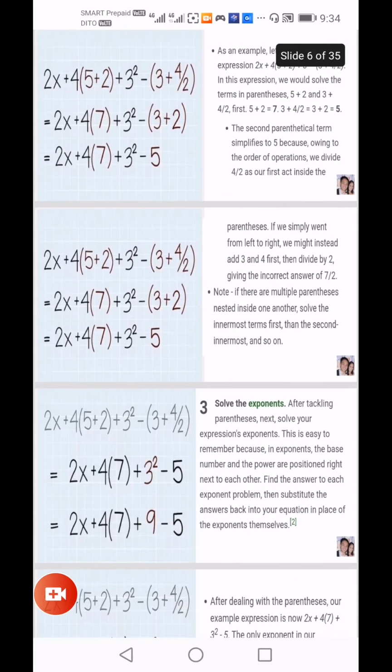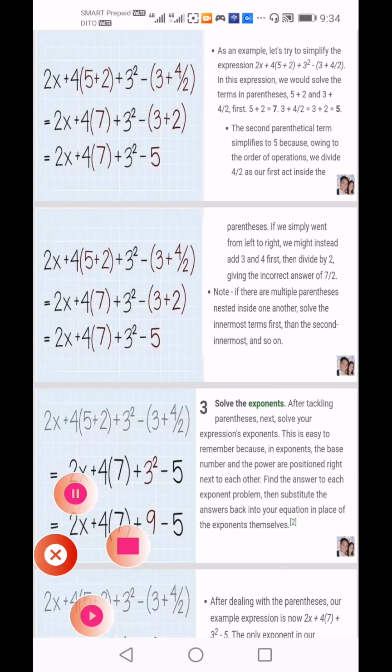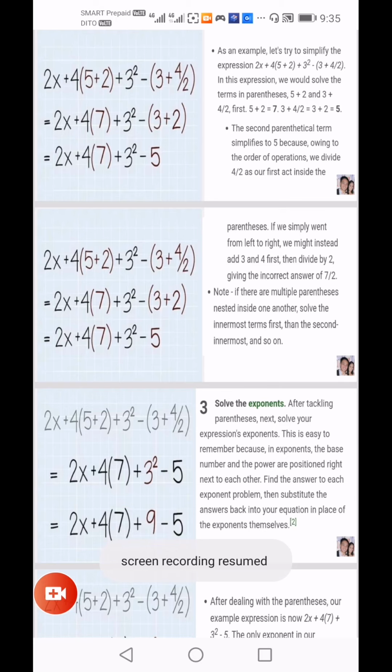If we simplified from left to right, we might instead add 3 and 4 first, then divide by 2, giving the incorrect answer of 7 over 2. Note, if there are multiple parentheses nested inside one another, solve the innermost terms first, then the second innermost, and so on.